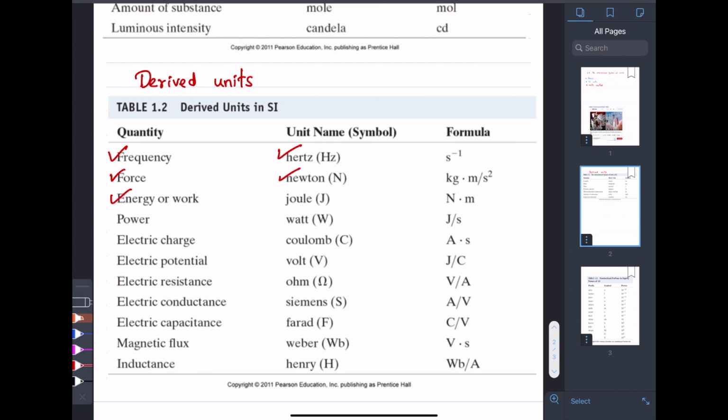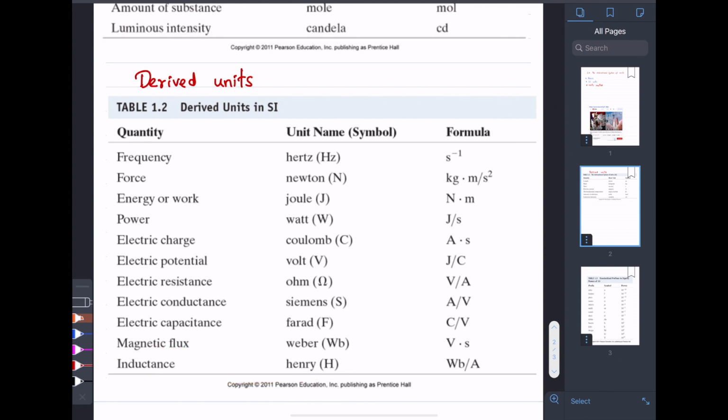Energy or work is in joules. Power is in watts. Electric charge, coulomb. Potential is in volts. Electrical resistance is in ohms. Conductance, which is the inverse of resistance, is in Siemens. And of course, capacitance is in farads, magnetic flux is in Webers, and inductance is in Henrys.